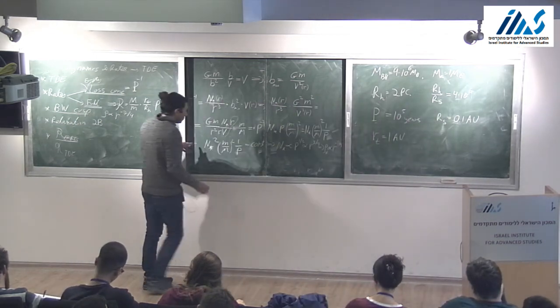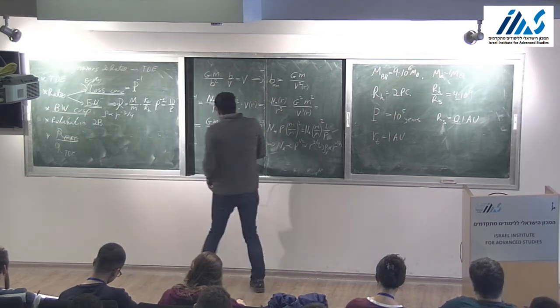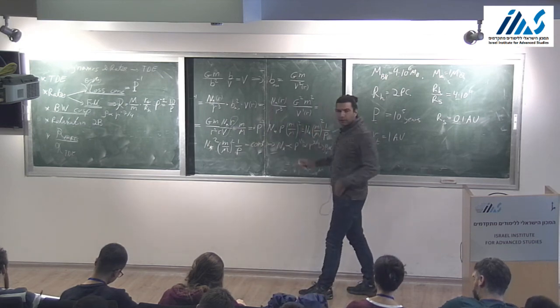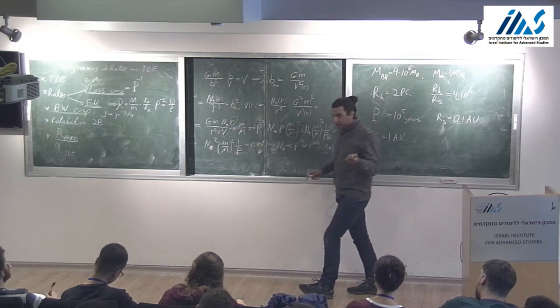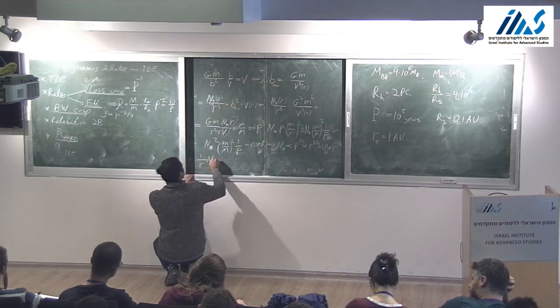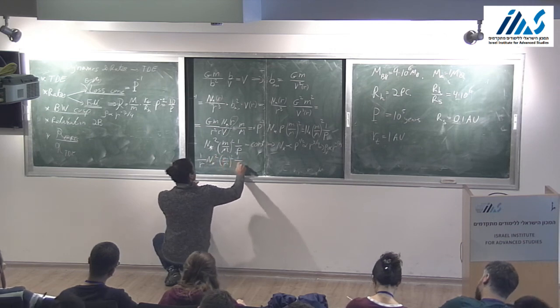So all I need to do in order to get to the right equation is not to say the number of stars times the rate of the scattering is constant, but the number of stars times their energy, which goes like 1 over r, times the number of stars, times this. So basically I'm copying the same thing, I'm just adding 1 over r.